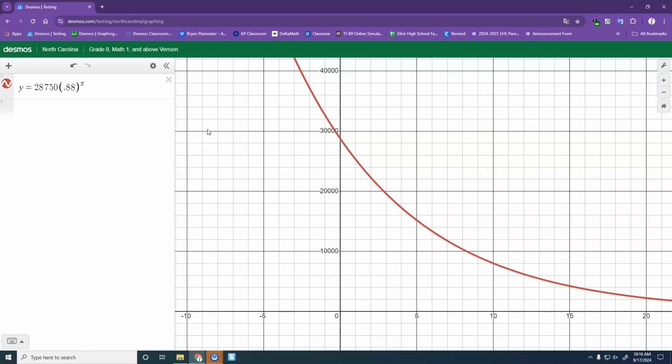That makes it X. Alright, set the graph. Alright, yours is not that. Hit the wrench, go right there. Change that number to 30,000. Okay, got it. Alright, check it.